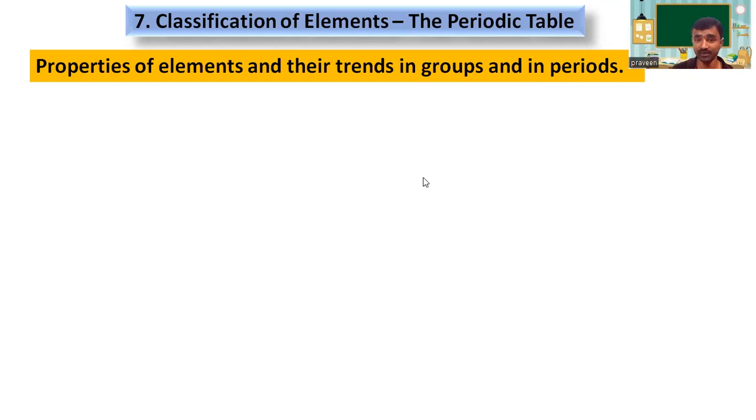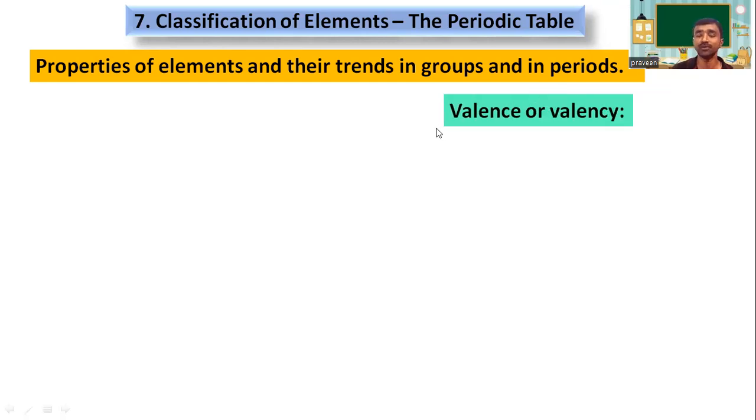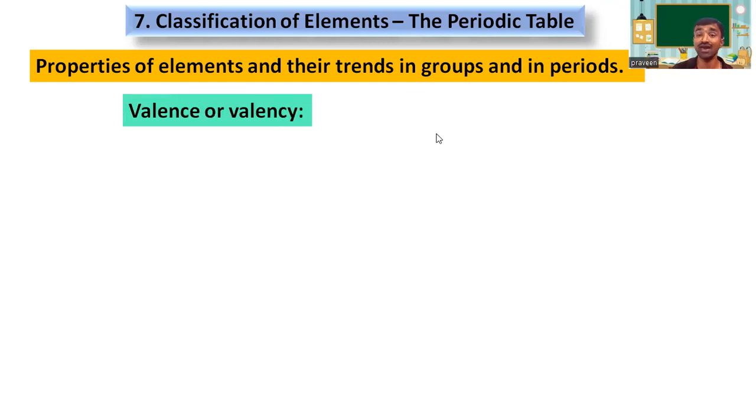So what are the periodic properties? Simply, they are valence or valency, right? Not valence electrons; valence or valency, both are the same. Sometimes you may call it valence or valency, but not valence electrons. Valence electrons are different from valency.